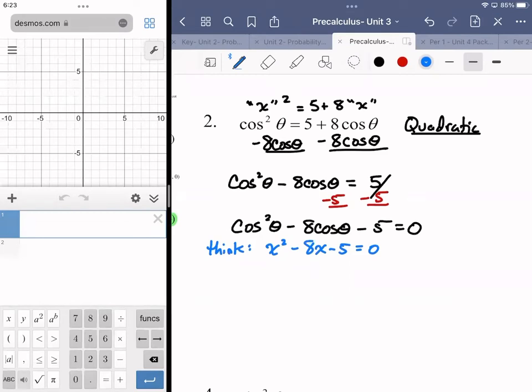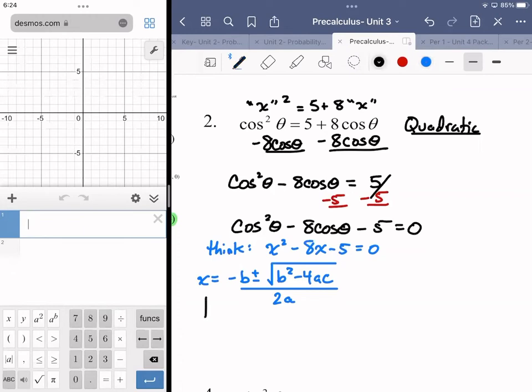So if this were x squared minus 8x minus 5 equals 0, then the quadratic formula, if you remember, would be x equals negative b plus or minus the square root of b squared minus 4ac all over 2a. But it's not x, right? The variable is not x, it's actually cosine.